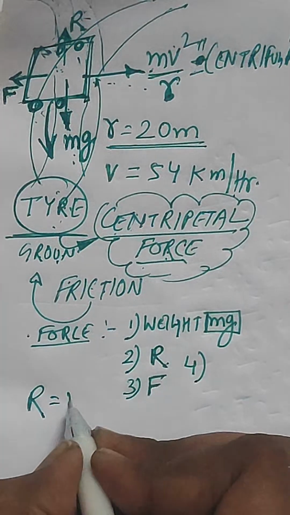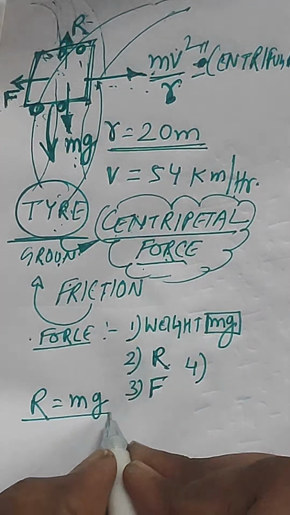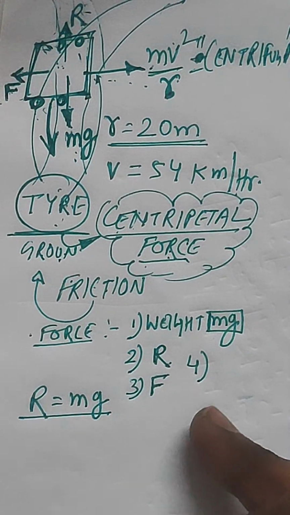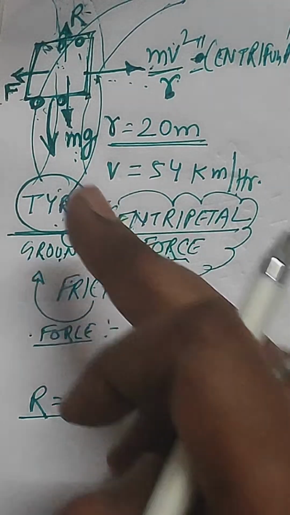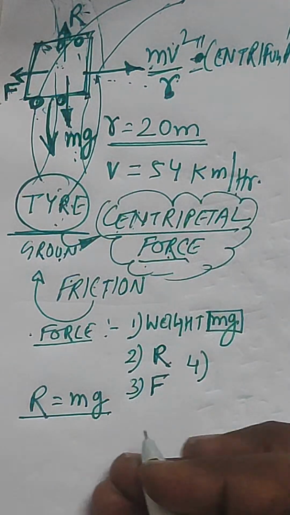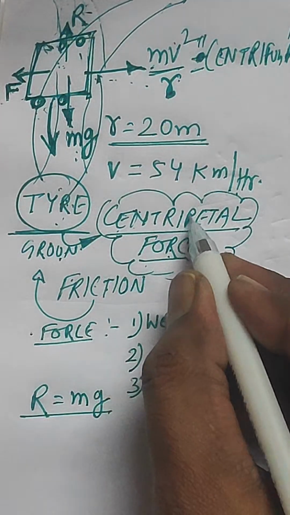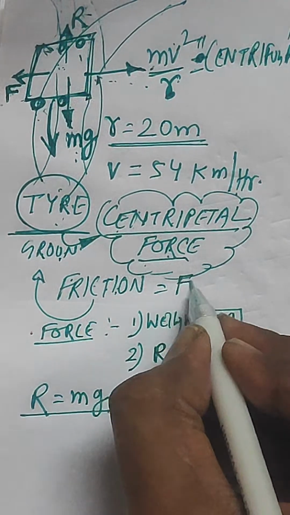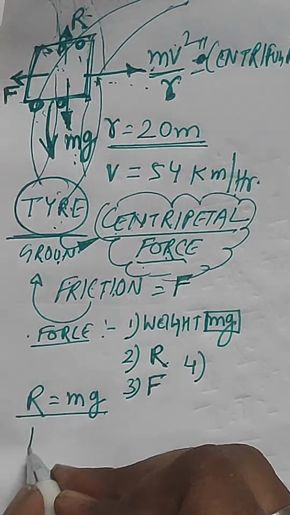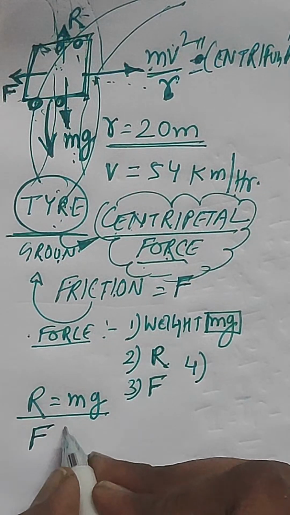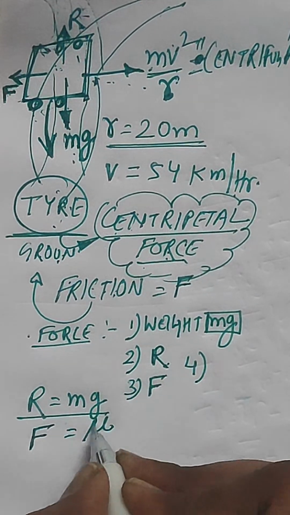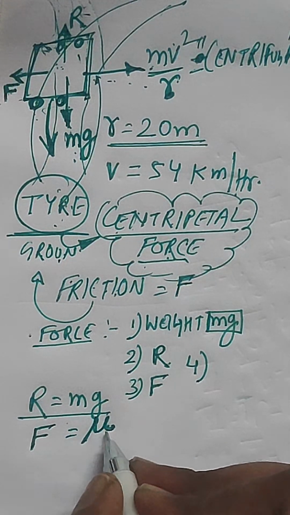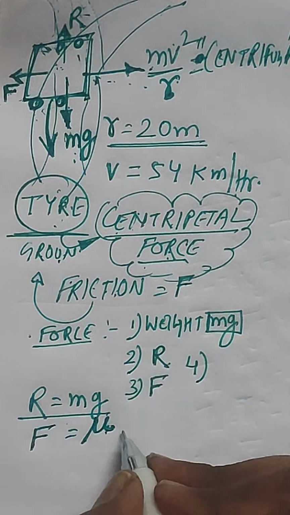If R is equal to mg, then the maximum frictional force F, this frictional centripetal force exhibited by the friction, is F equal to mu N. Mu is the coefficient of friction which we need to calculate, and N is the normal reaction.